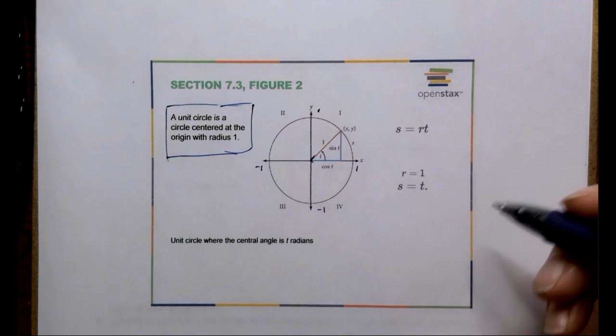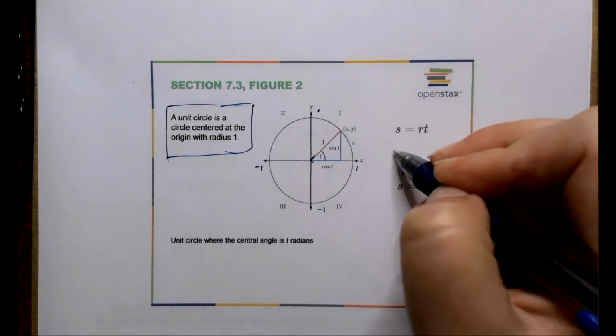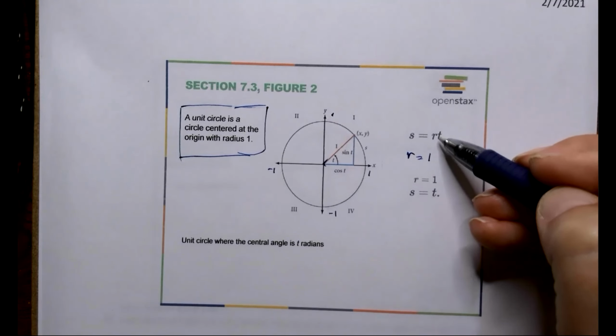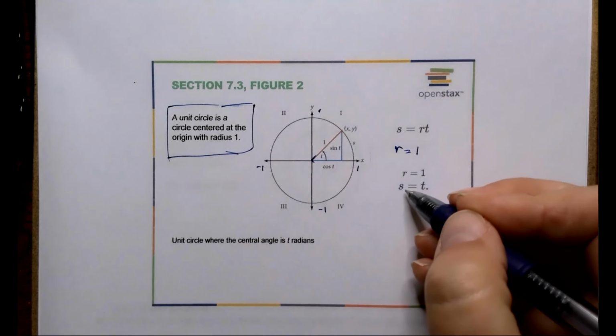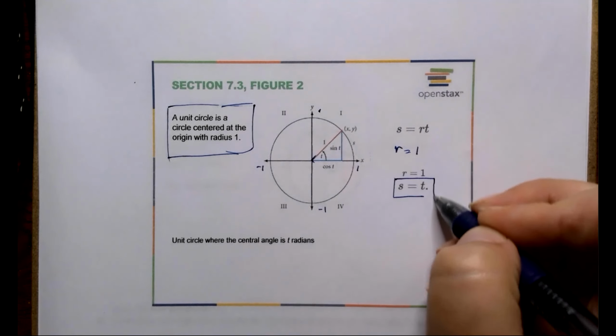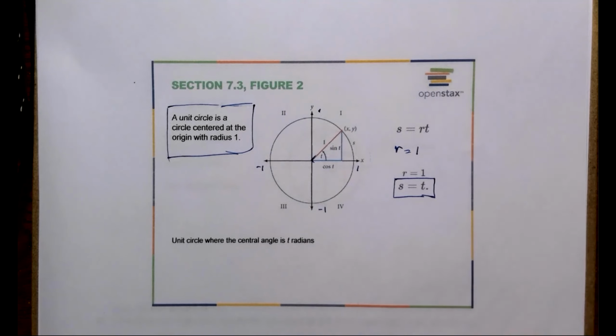It's called t in this instance, not theta, which is totally fine. But look, if our radius equals 1 and we substitute it into the formula, then the formula simplifies to just length equals t, or angle t. But this formula works only for a unit circle where radius equals 1. So it's a very convenient object to study.